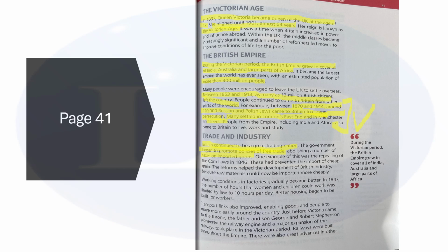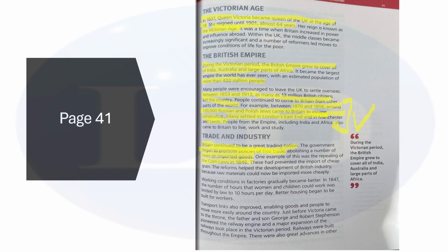Before that, trade between different countries was under heavy taxes. So the government wanted to encourage free trade, and that's why they removed the taxes. One example of this was repealing the Corn Laws in 1846. These had prevented the import of cheap grain.